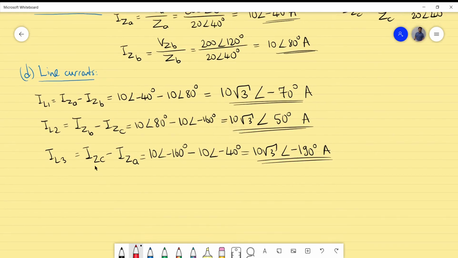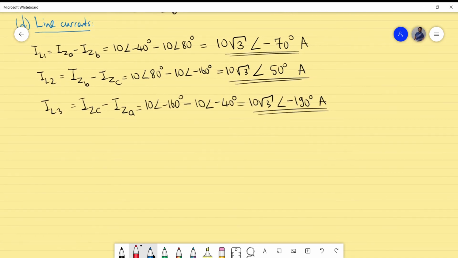So let's move to question A, phase current. So IP of A is equal to the line current, the first one, IL1, because you are looking at the first phase voltage.